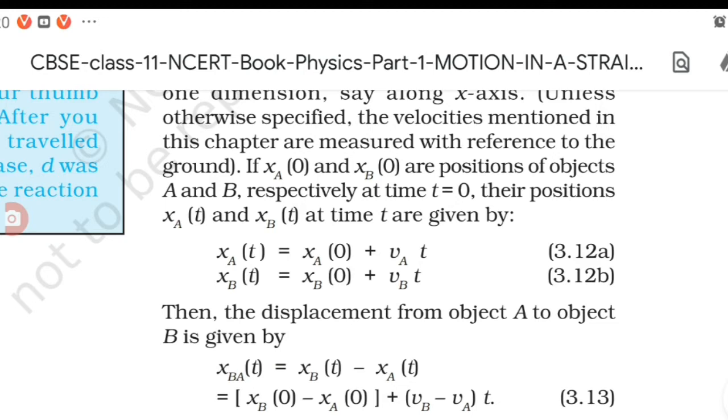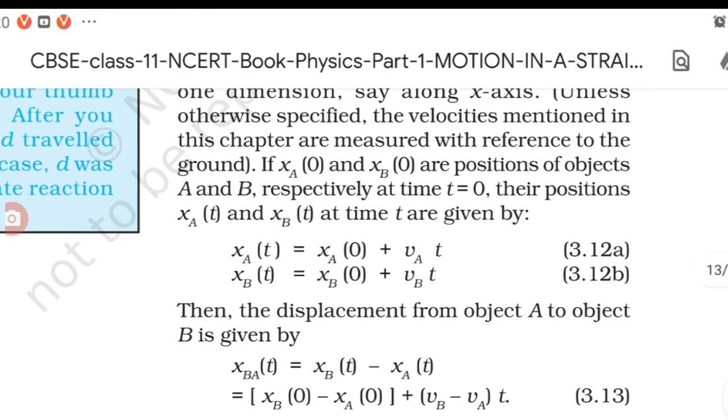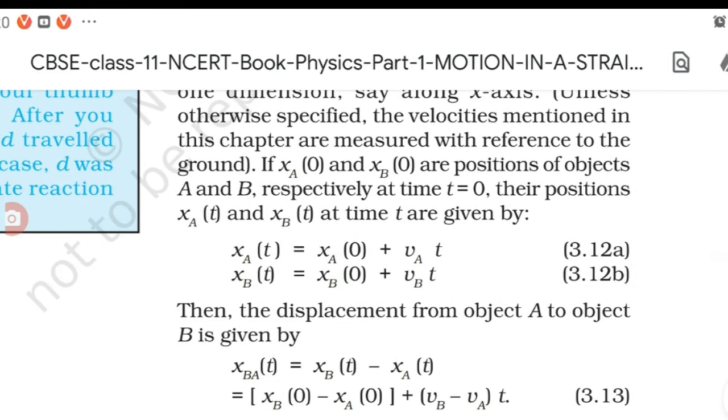Then after a time t, the separation between A and B is given by xb of t minus xa of t. Just subtract the two equations term by term.